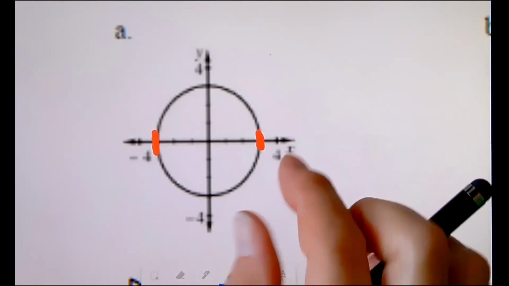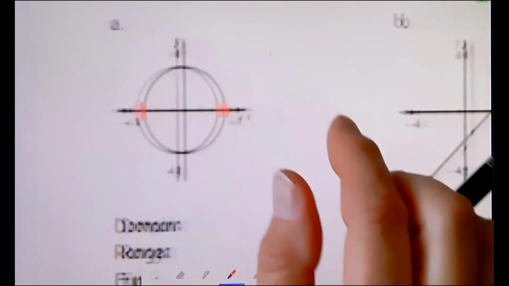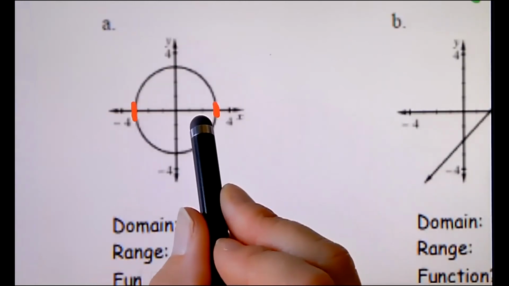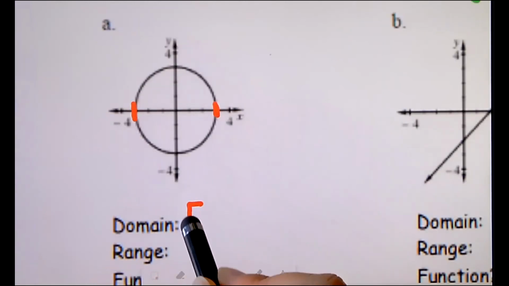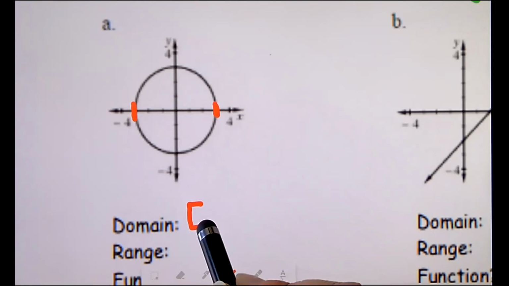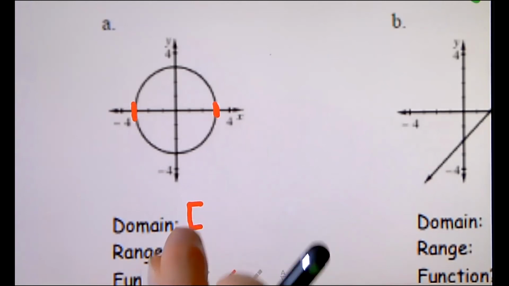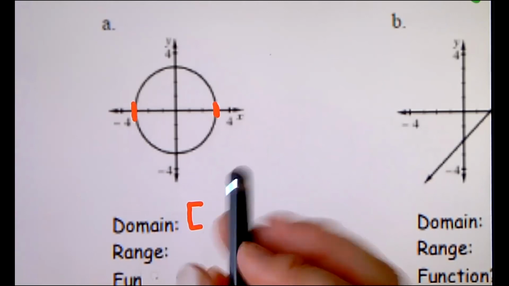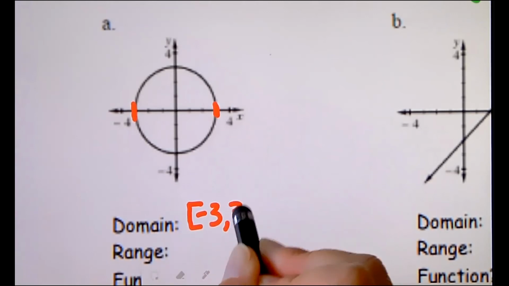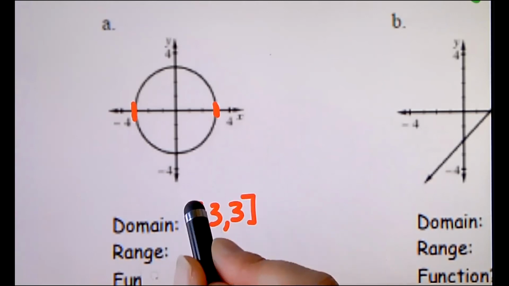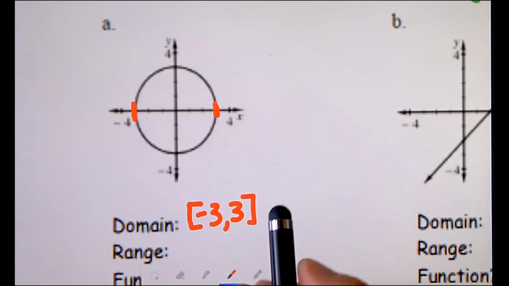That is +3. Now it touches at -3 and +3. So we're going to do it in what we call interval form. We're going to put a square bracket. That means it actually touches. -3 is an actual value on my graph. And it goes to 3, again, close bracket. Square bracket, but we say close bracket.